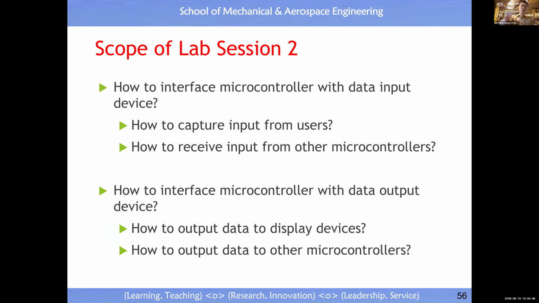Then for each practice, you need to know how to use the integrated development environment, the software, and focus on data: how to store the data, how to read the data, how to flow the data from one location to another location. Okay, how to read in the data, how to write out the data. Focus on data flow, then you will enjoy the practice.